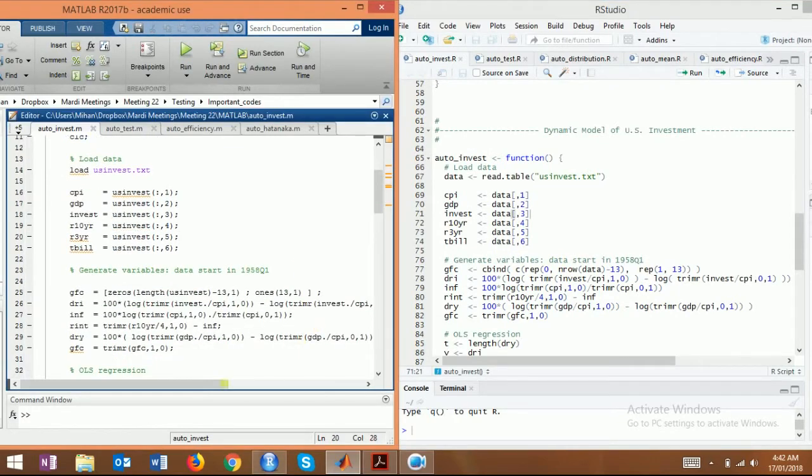Then generating the variables, data starting in 1958 quarterly 1, GFC is zeros, length of US invest minus 13 rows, and one column. Then ones, 13 rows, one column. I'm not sure what GFC is.